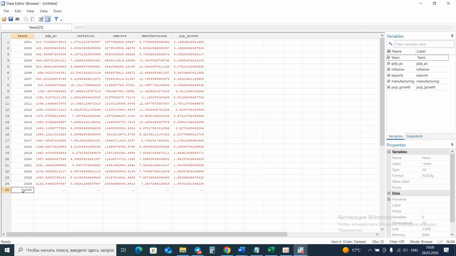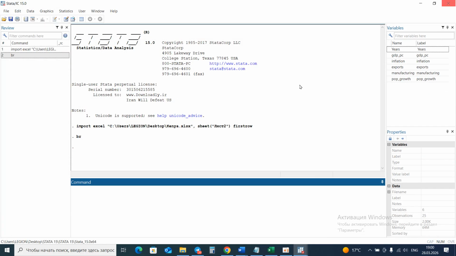The first one is that we don't have any information for 2025. That will cause some problems. And the second problem is that our variables are in red, which means Stata cannot read them. It doesn't consider them as a numeric form and cannot do any calculations.